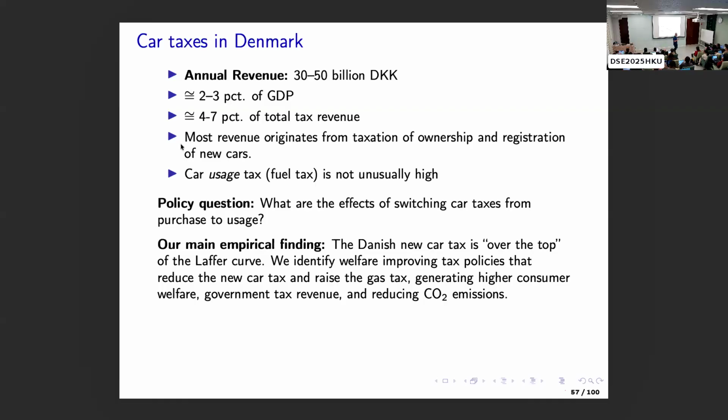We formulate a dynamic structural model, estimate it on Danish register data, and then calculate the Laffer curve by changing the registration taxes and the fuel taxes at the same time, so it's a two-dimensional Laffer curve. It turns out that we can lower both of those taxes, or at least lower the registration tax, and get higher tax revenue.